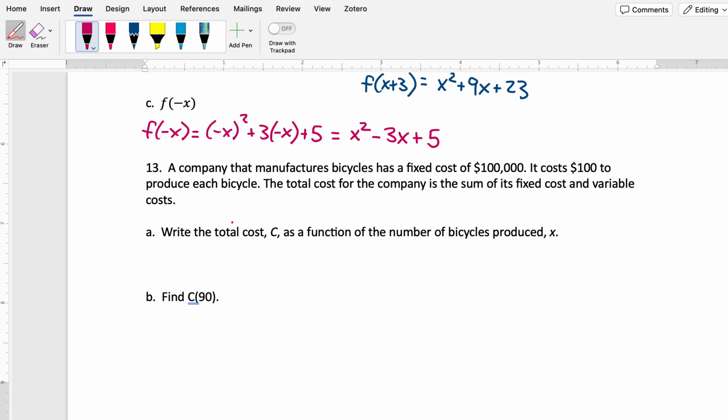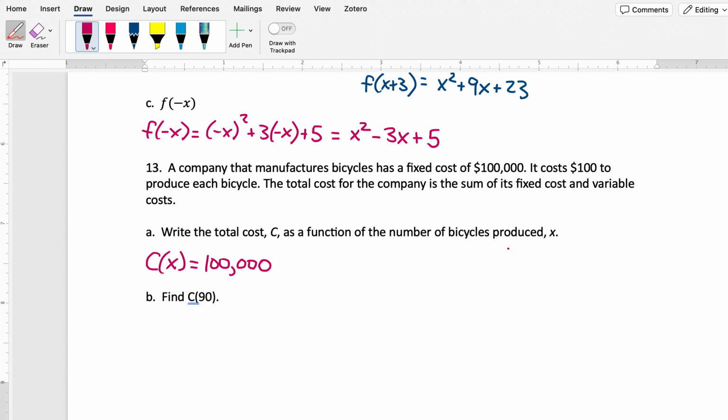We have fixed costs of $100,000. So that is an amount that we are going to have to pay regardless of how many bicycles are produced. Usually includes things like rent, where we have to pay them regardless of how many bicycles we're producing. It costs $100 to produce each bicycle, so that cost could be labor, parts, those kinds of things.